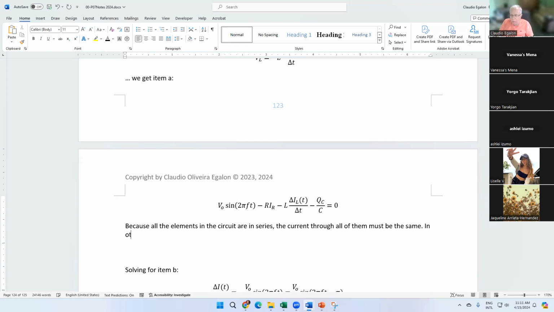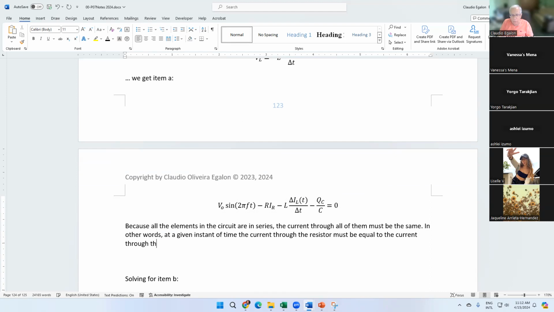Through all of them must be the same. Okay? In other words, at a given instant of time, the current through the resistor must be equal to the current through the inductor and equal to the current just before and just after the capacitor.